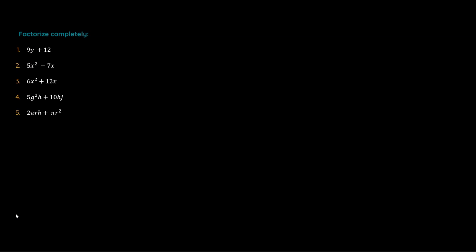So let's have a look at these examples. Let's start with the first question, 9y plus 12. To put them back into brackets again, we need to identify what we call the common factors in this particular expression. When I say common factors, that common factor could be a number or even a variable. The way we identify a common factor is to observe both the terms individually.